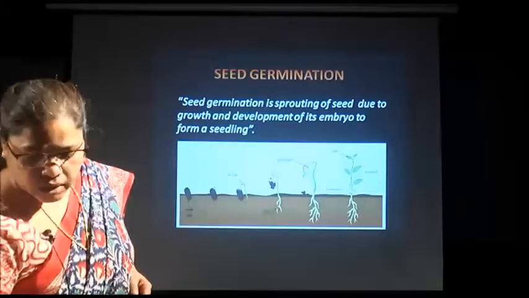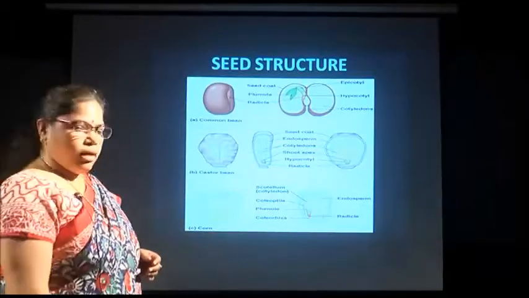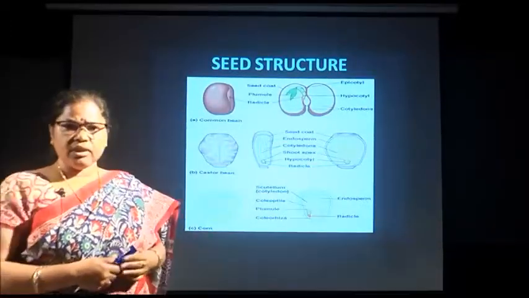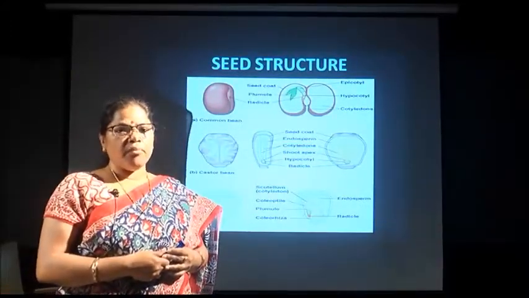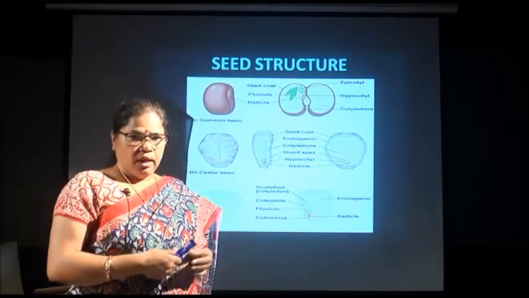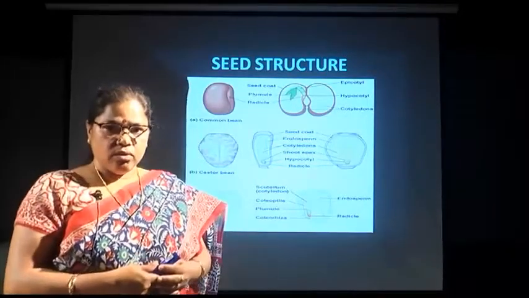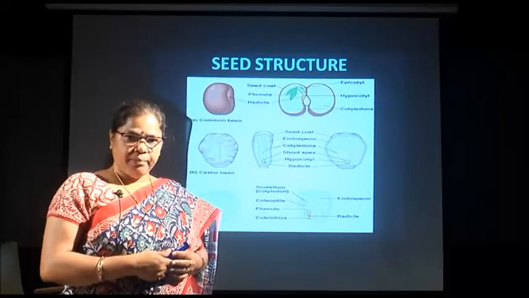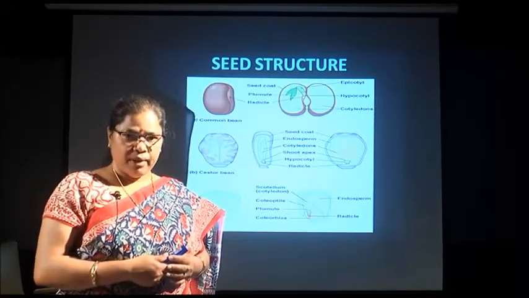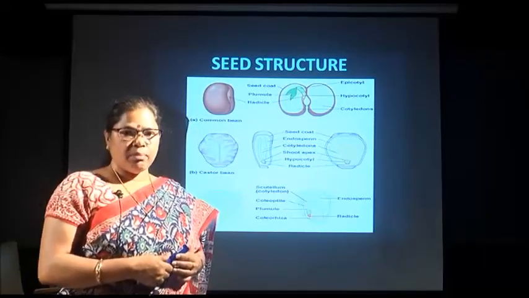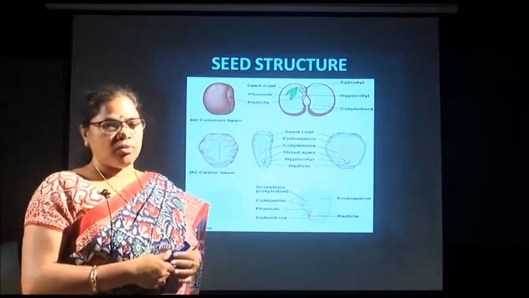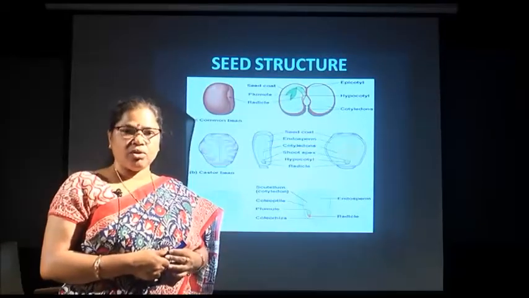As you know, in case of plants, the seed is formed from the matured ovule, and these ovules are present in the ovary, and the ovary is present in the flower. So the flower is the reproductive part of a plant, and it contains both male and female reproductive structures.